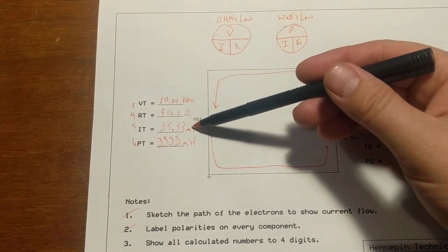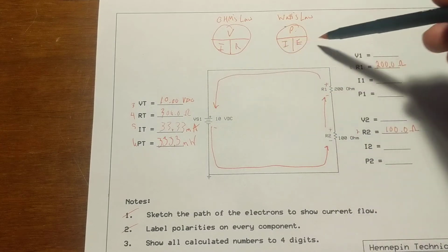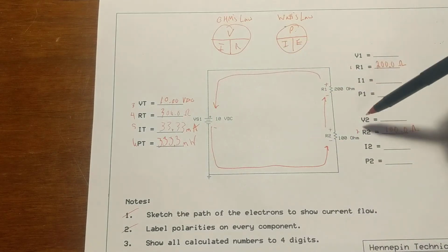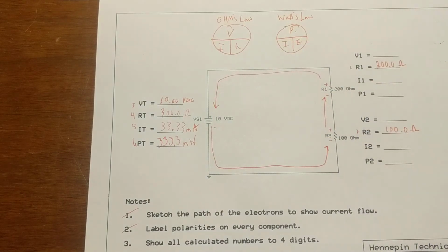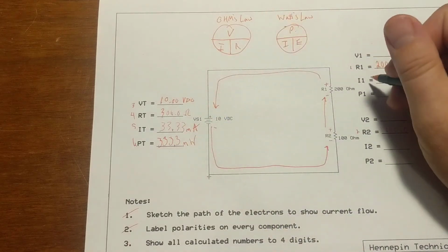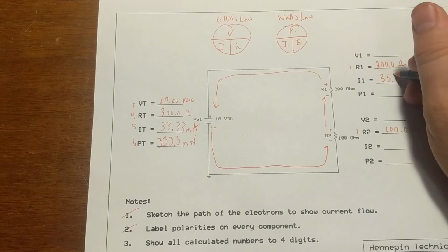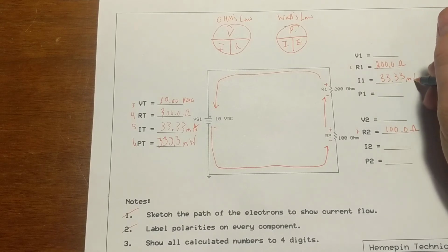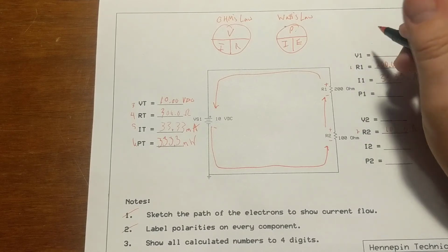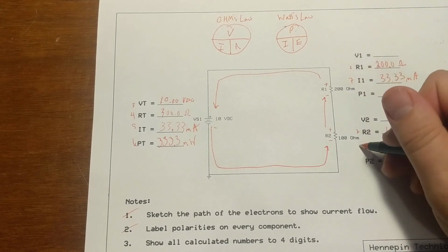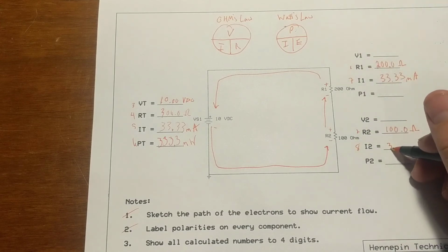Okay, so now I know the current, and we know that in a series circuit, current stays the same everywhere. So I'm going to carry my current of 33.33 milliamps through everywhere.